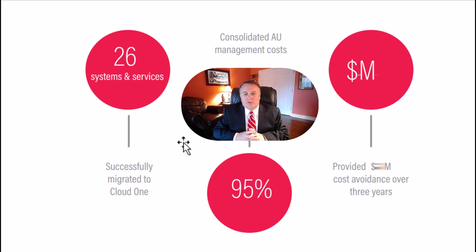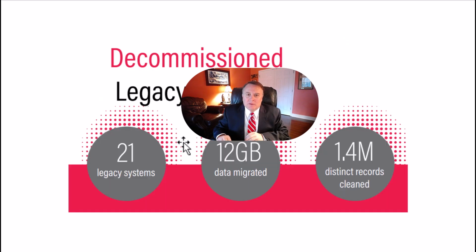Here are a few more statistics. 26 systems and services. 95% of all of Air University from an IT perspective is now in the cloud, not local. And we saved tens of millions of dollars in cost avoidance in the years to come. A great accomplishment by the federal government to reduce federal operating costs and refocus those funds on the education of the Airmen and Space Force.